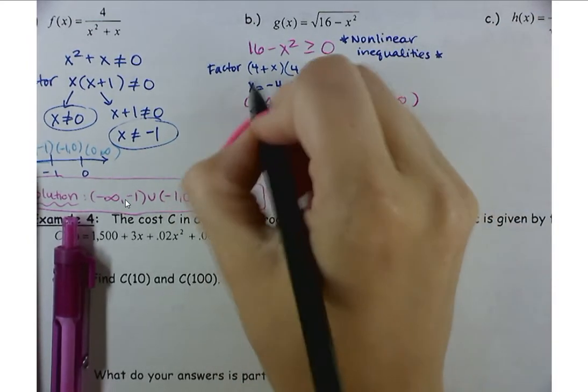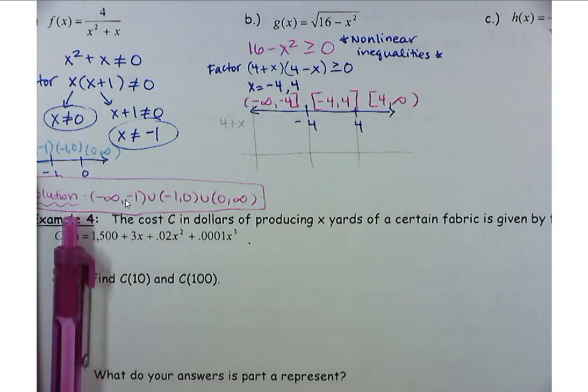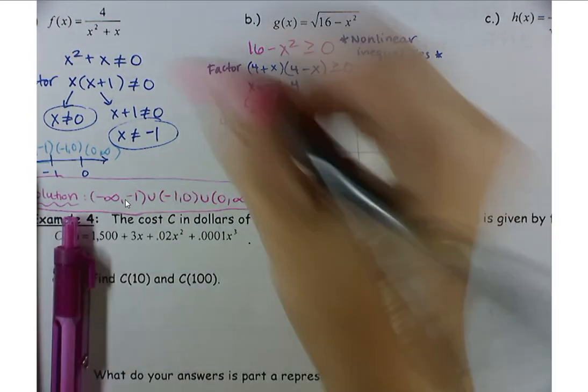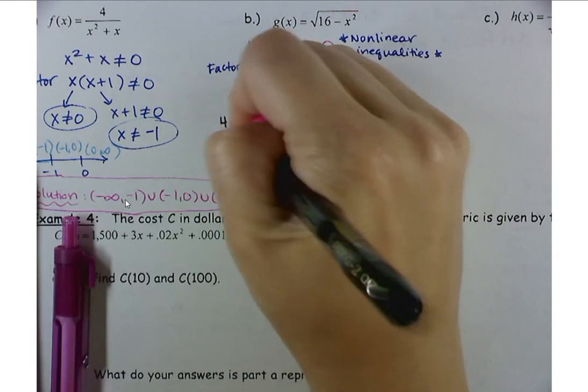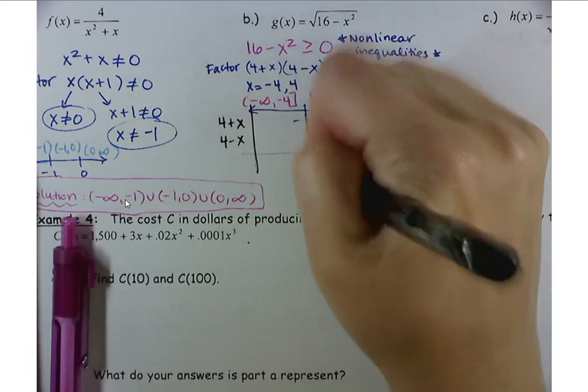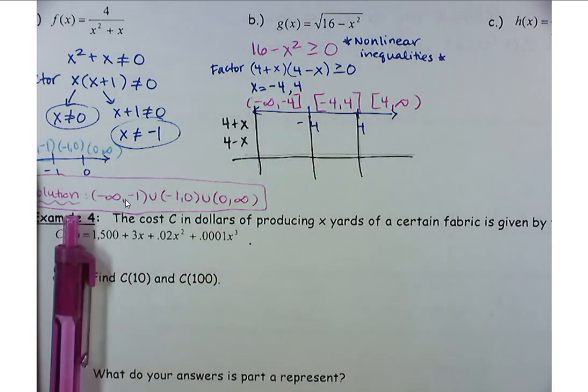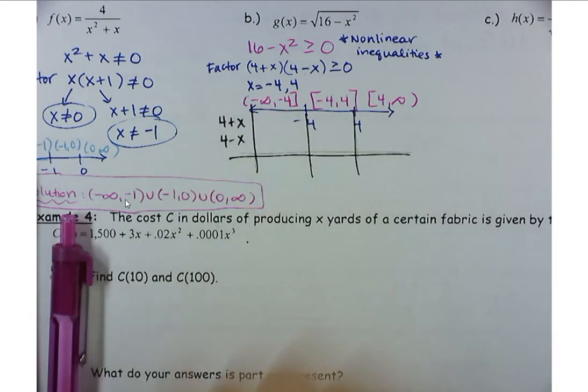Okay, so then your two factors are 4 plus x and 4 minus x. And I like to make my little chart right from here. So make sure that you're picking a correct value. So something in between negative infinity and negative 4.